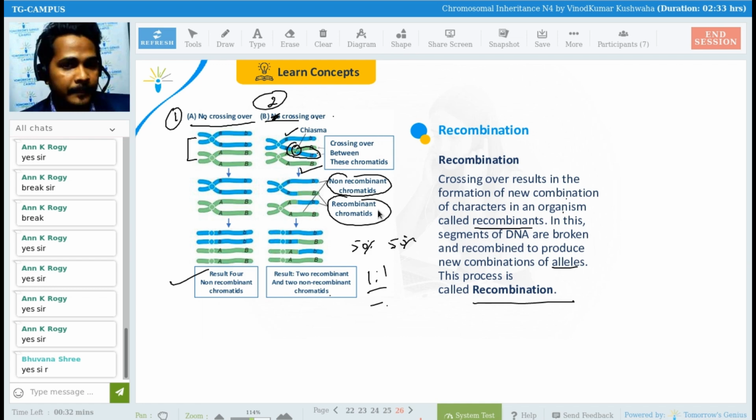In other autosomes there is no crossing over, so it's called complete linkage. So all autosomes show complete linkage and allosomes might show incomplete linkage. Clear?